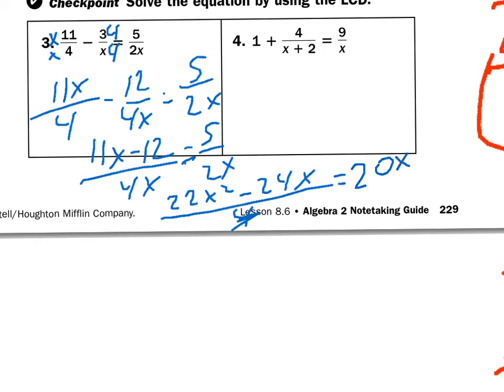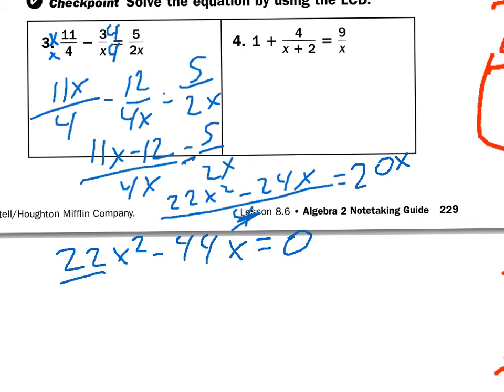And then if I were to subtract 20x, I'd get 22x squared minus 44x equals 0. From here, if I factor this thing out, it would lead me to the solution. And so let me show you how to do that.